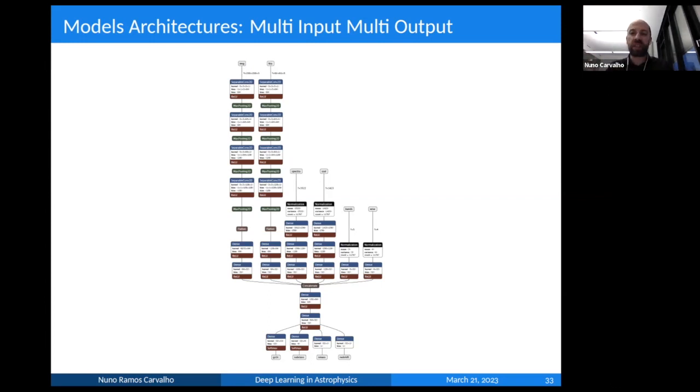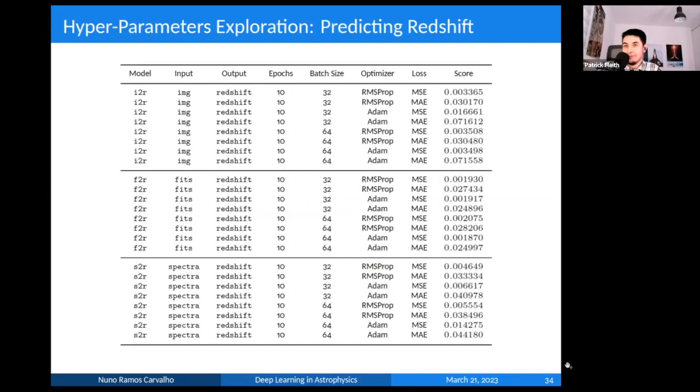And then we get to the part that you, Patrick, were talking about. Now we need to train these models, and to train them, we need to define hyperparameters, the loss functions, the gradients and so on. So in this part, we did a little bit of brute force exploration.